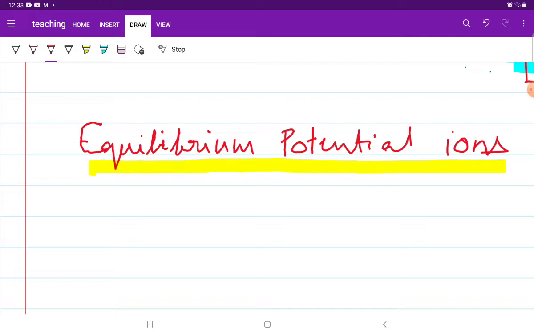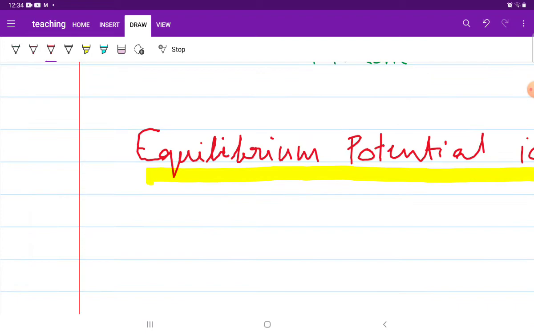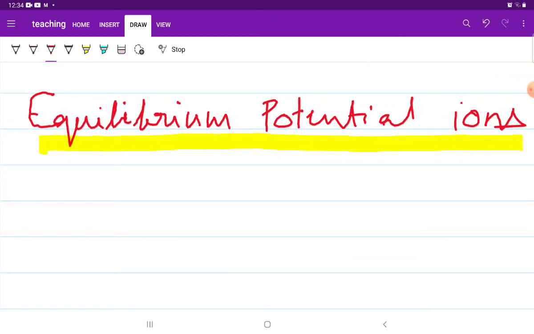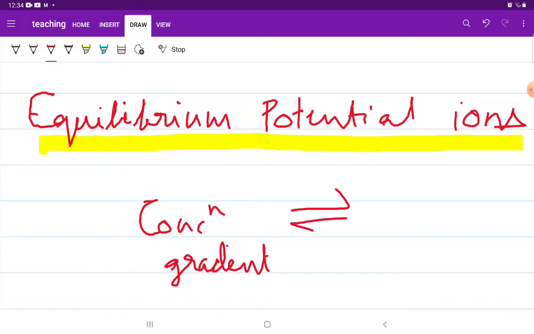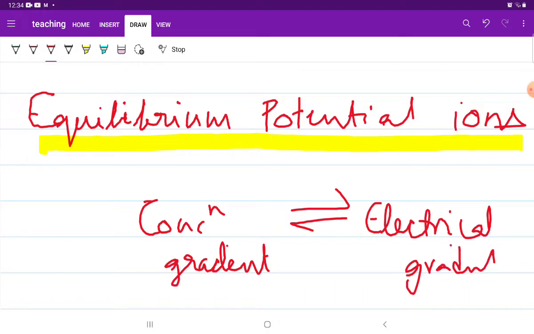It is the potential at which the concentration gradient and the electrochemical gradient, or we can say electrical gradient, will be equal. So concentration gradient will be equal to electrical gradient.